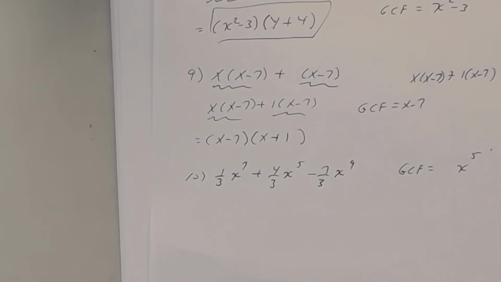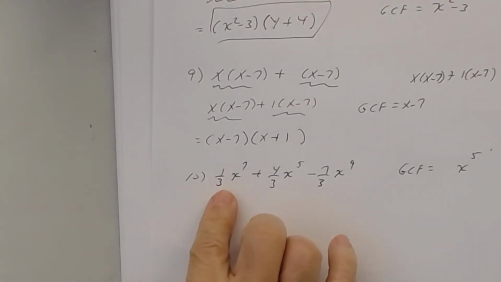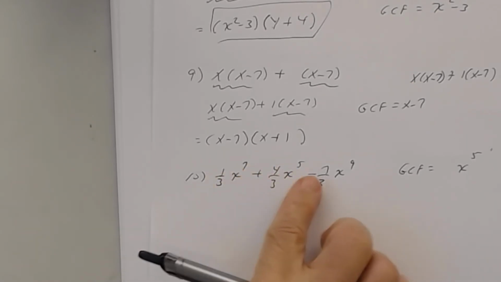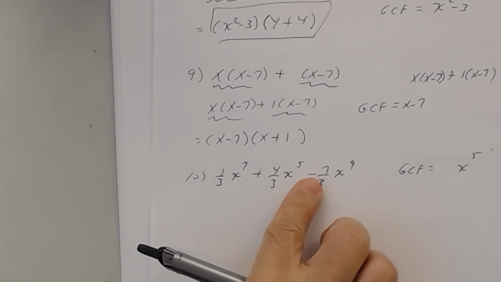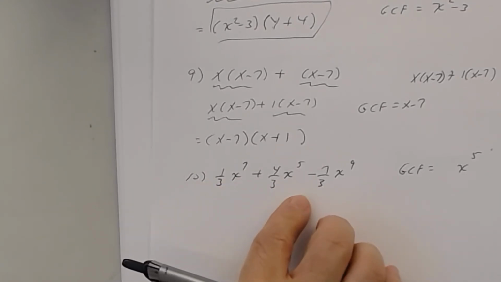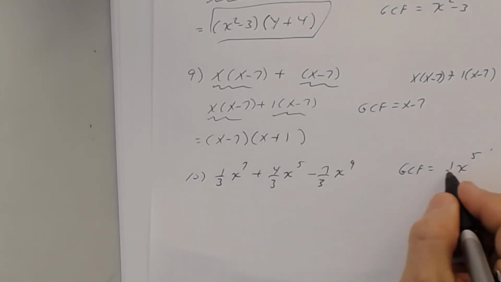Okay, now suppose that the denominator wasn't there. And suppose I just had the numerators as my coefficients: 1, 4, negative 7. What is your GCF of 1, 4, and negative 7? 1. But since I do have the denominator, and all those denominators are the same, in terms of the coefficient, I'm going to use 1/3.